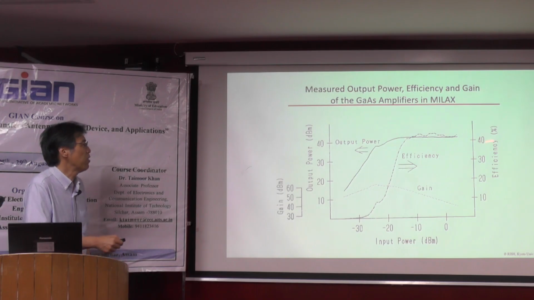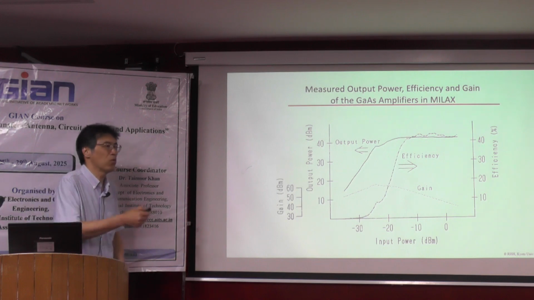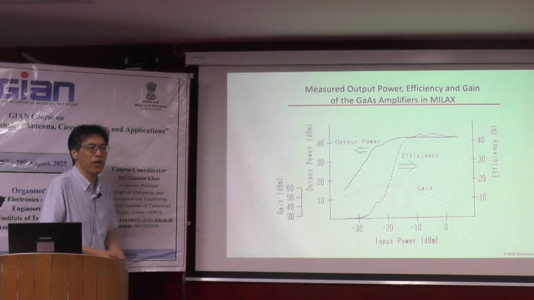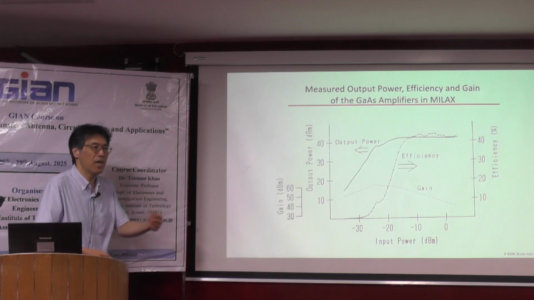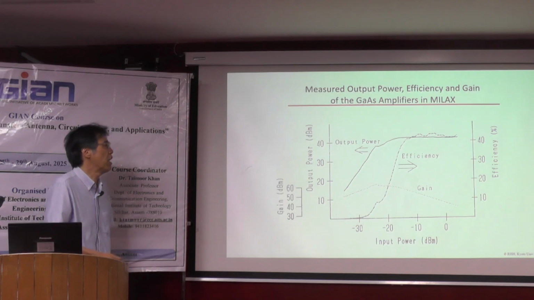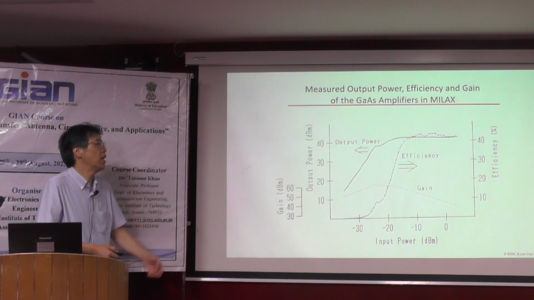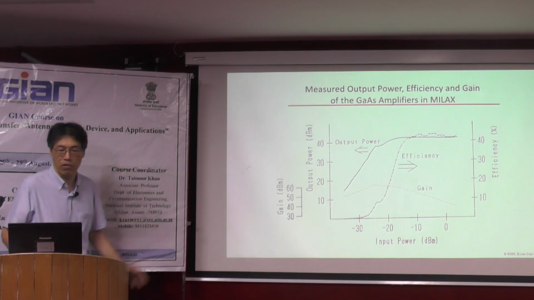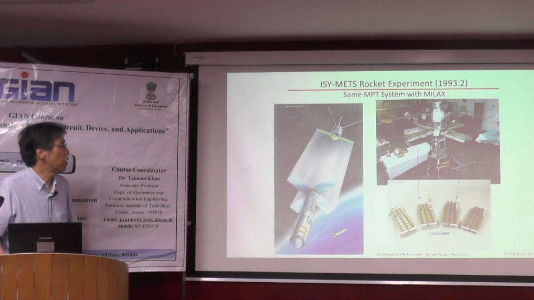At that time, efficiency was only 40% from the source to the amplified output. So 40% is not good. But we kept developing good amplifiers and phase shifters year by year, and now we can increase the efficiency of the amplifier, etc.